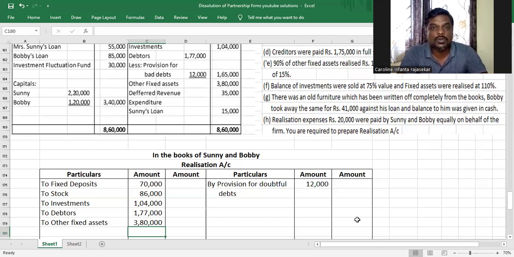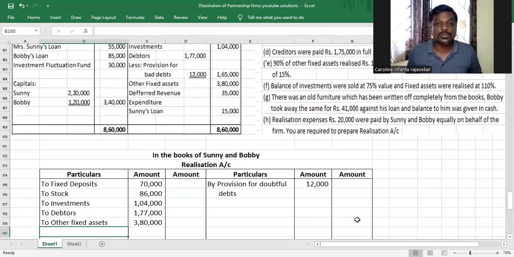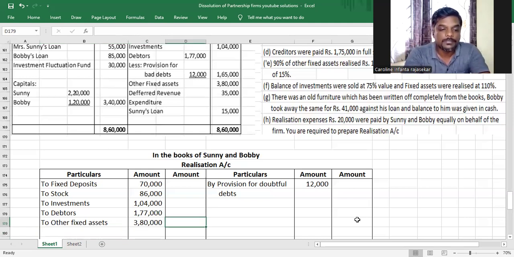Loan to partner is also not transferred to realization account. It goes to the debit side of the capital account when you prepare the capital account. Loan to partner on the asset side of the balance sheet will go to the debit side of the capital account of the partners. Remember that, okay?